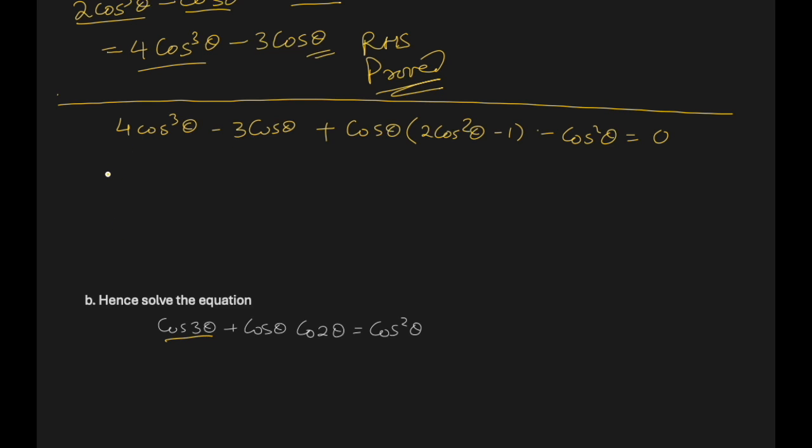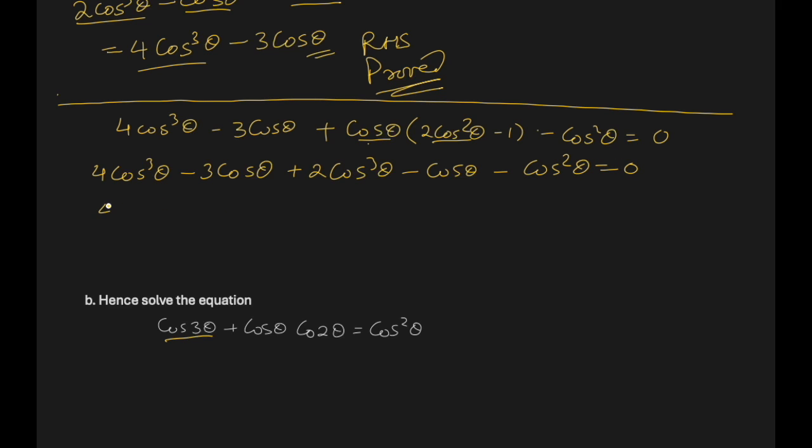So everything is cos. 4 cos cube theta minus 3 cos theta. Cos and cos square will become cos cube again. So plus 2 cos cube theta minus cos theta times minus 1 will be cos theta minus cos square theta. Everything is cos here.